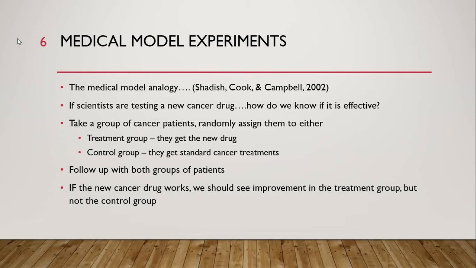The researchers would then follow these two groups of patients over time and see how their disease progresses. If the new cancer drug is truly effective, we should see improvement in the treatment group that is receiving the cancer drug, and we should see the control group doing about the same. Again, we want more improvement in the treatment group, and the control group to be doing about the same.